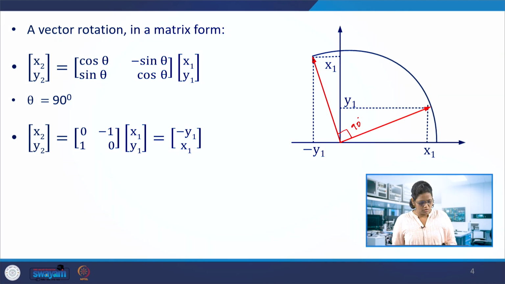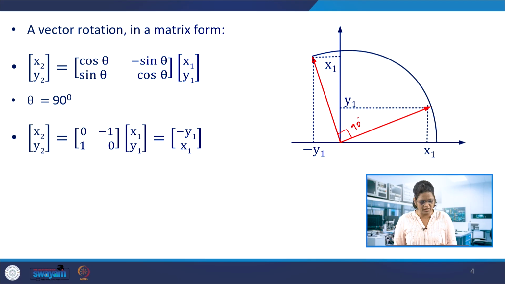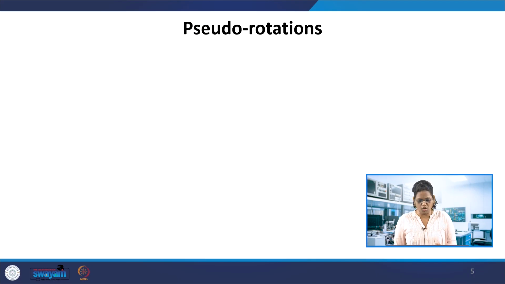This is a circular rotation, in which the vector rotates circularly. For theta of 90 degrees this seems simple, but consider the concept of pseudo rotation.